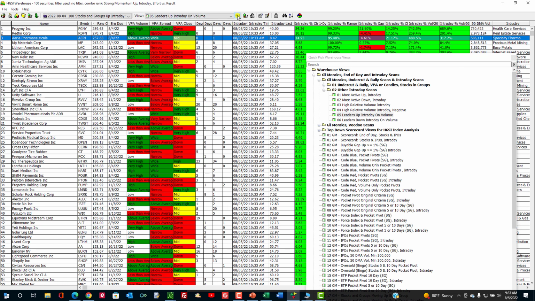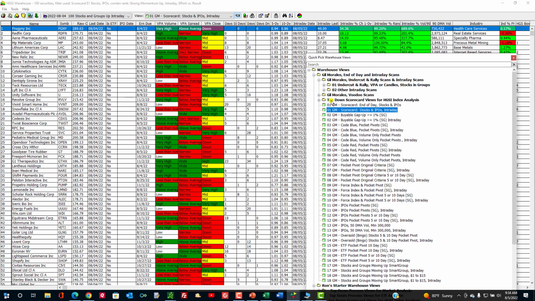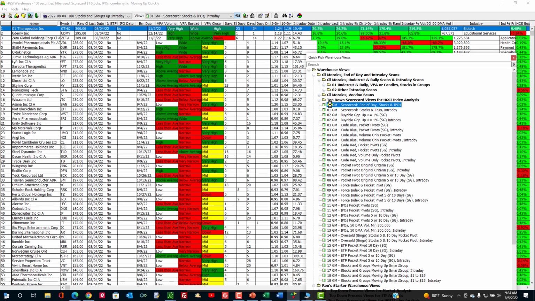And I'm going to click through to warehouse view, but I have to go up to Gil's views here. It's down here under the main views, top-down scorecard views. No, I'm sorry. It's under warehouse views.